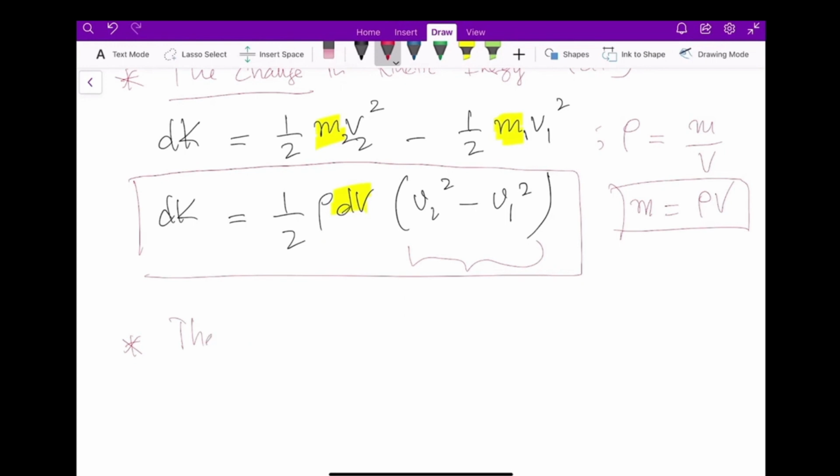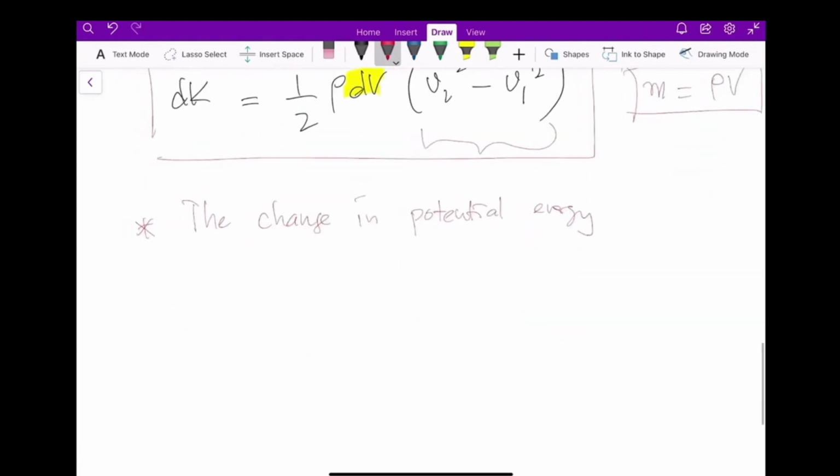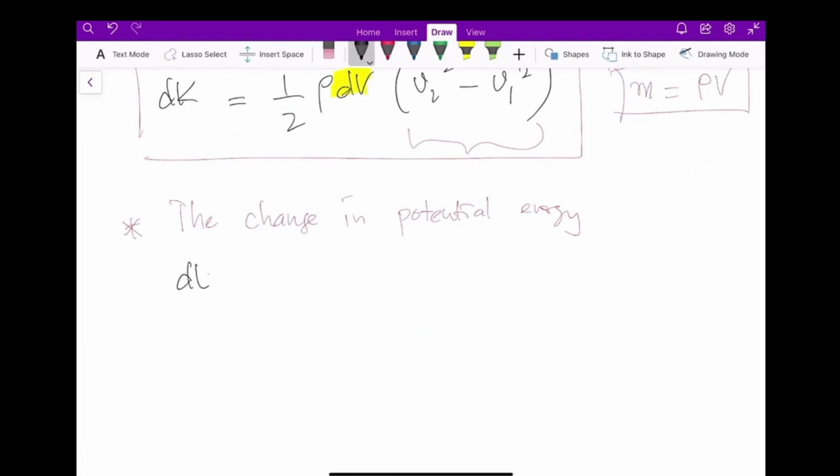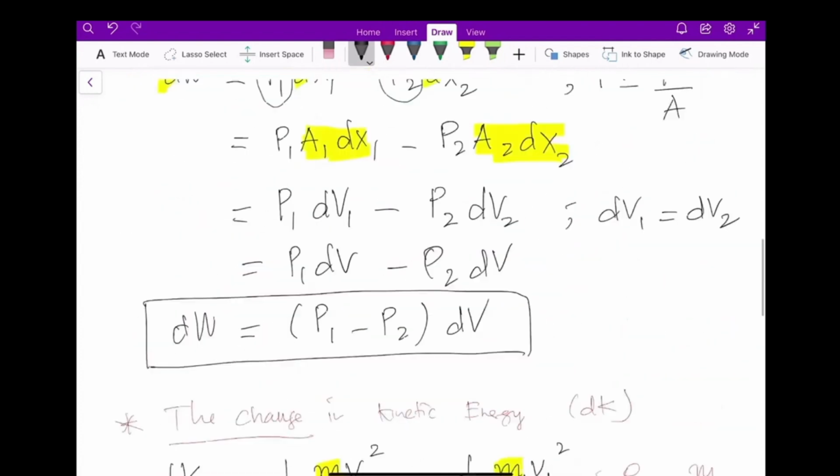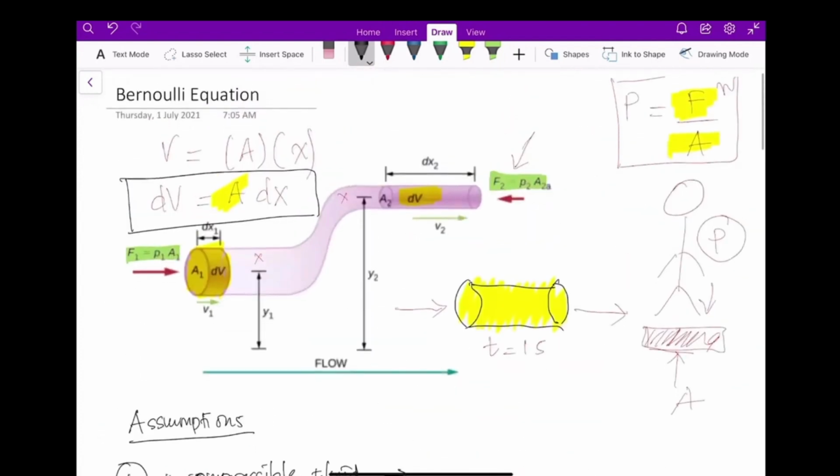The change in potential energy. Basically, I can write it as dU equal to m multiplied by g multiplied by h, so mg h2 minus mg h1. If we look at the schematic diagram here, h1 is expressed as y1.